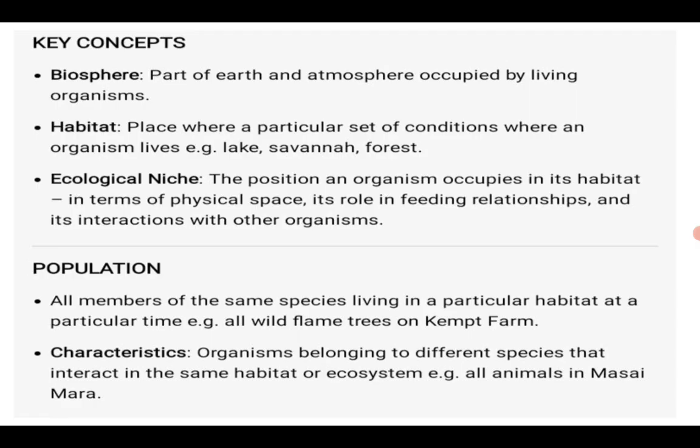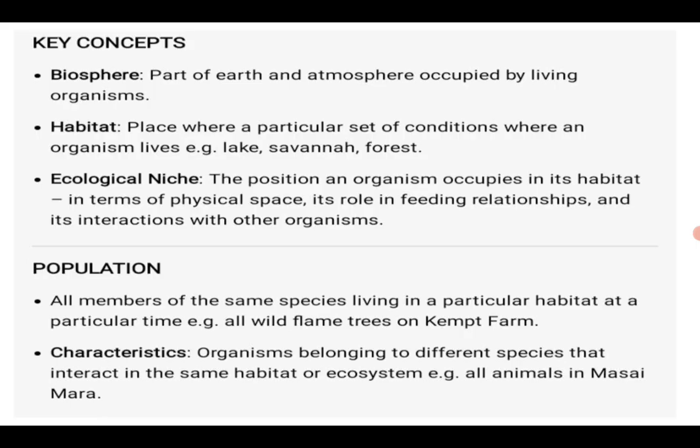You can also think of cedar trees on the Mulanje Mountain who form a population. So we use the term population when you're referring to members of the same species.